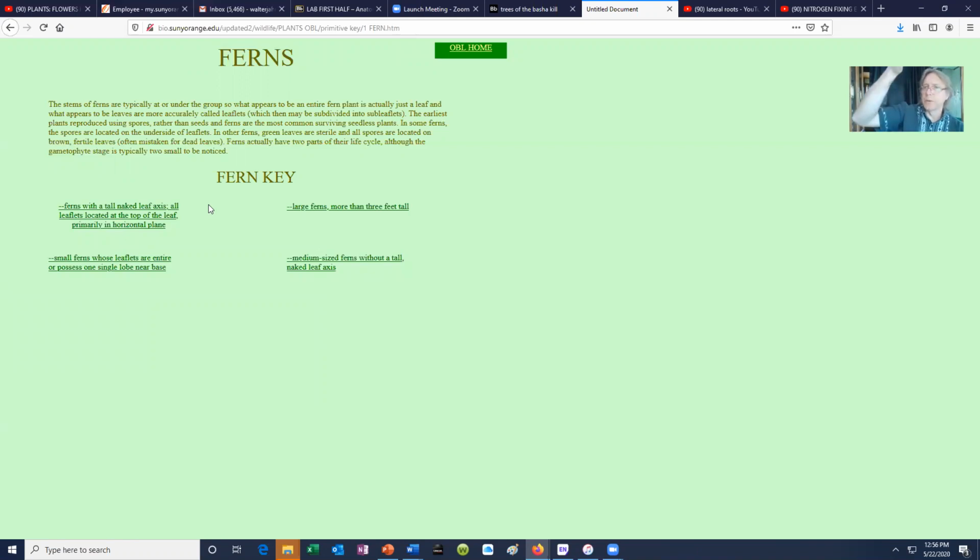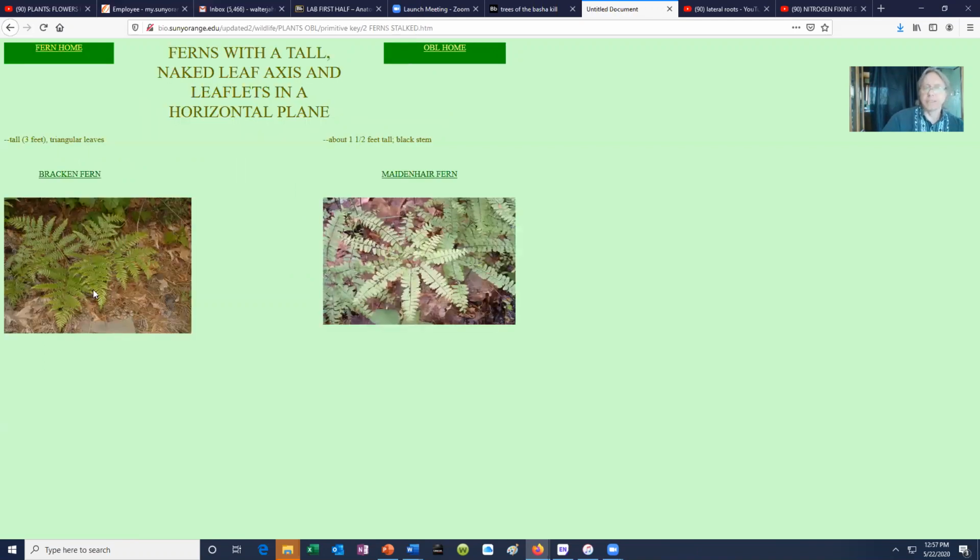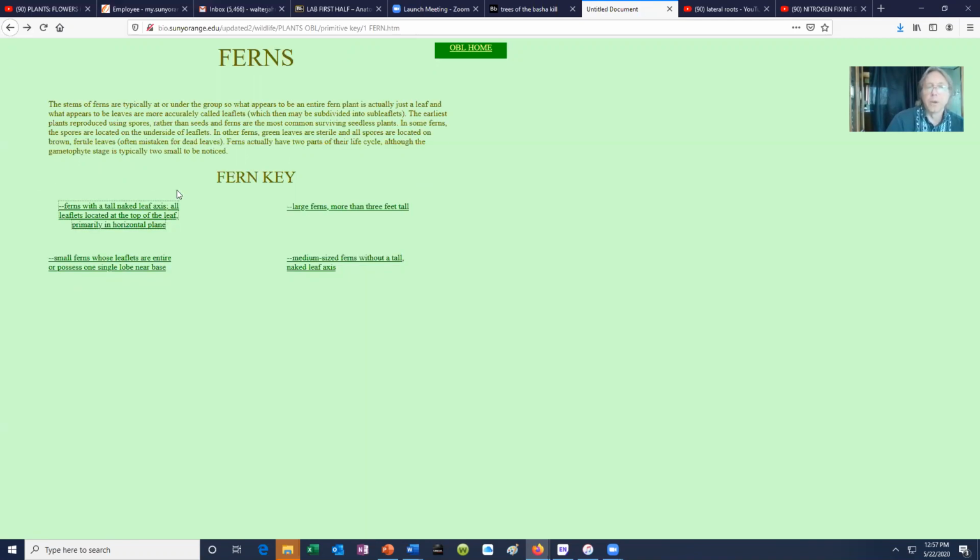So it's kind of just growing like the trunk of a tree with no side leaflets. So it's a naked leaf axis, and the leaflets are located horizontally on the top of the fern. So if it just grows up and then there's a horizontal set of leaflets growing out, then it's going to be one of these two, bracken fern if it's big, or the smaller maidenhair fern, okay?